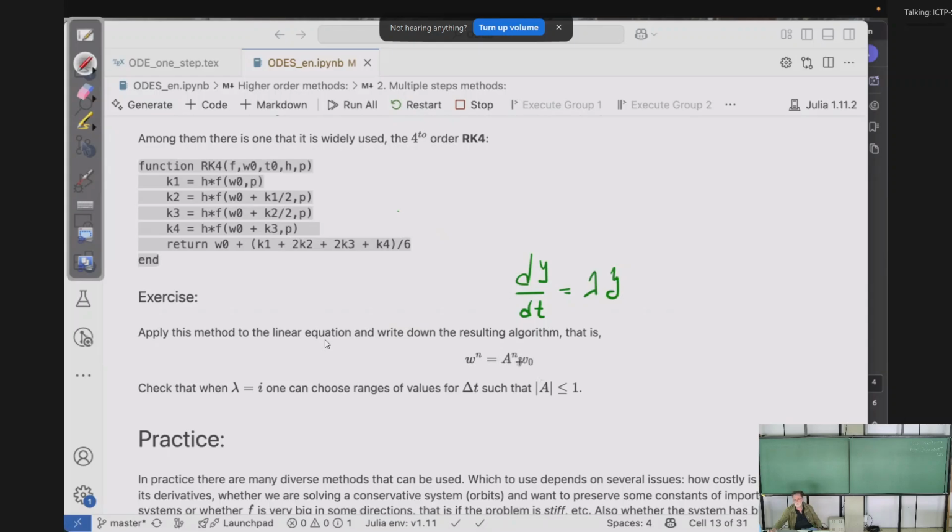And you can find this a for this Runge-Kutta method of fourth order, and you will discover that there is a nice region where the absolute value of a is less than 1, and it contains part of the imaginary axis.